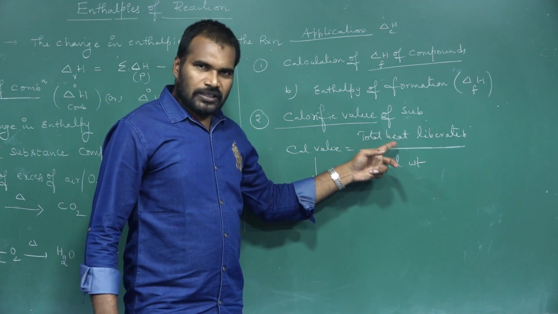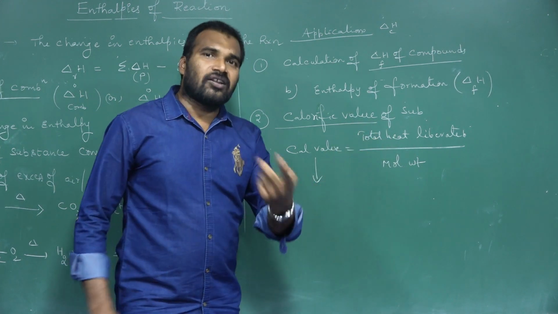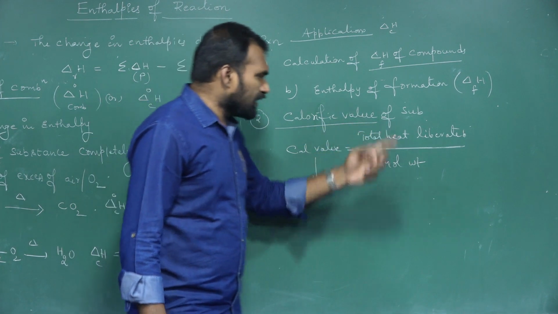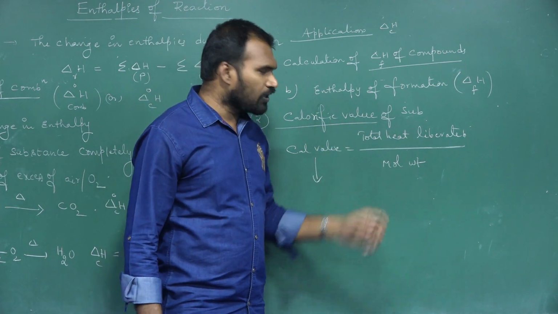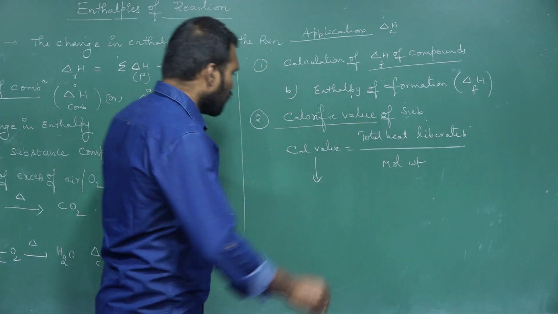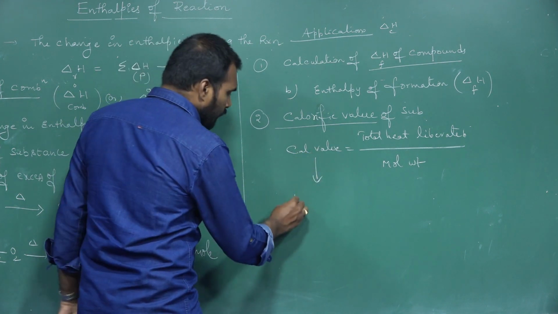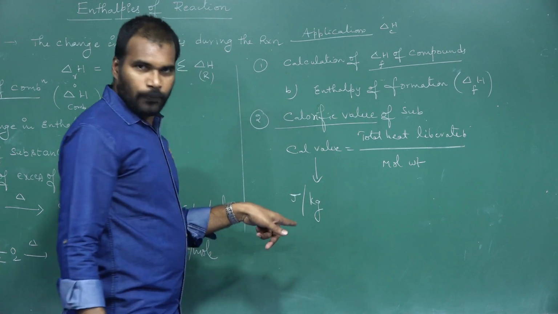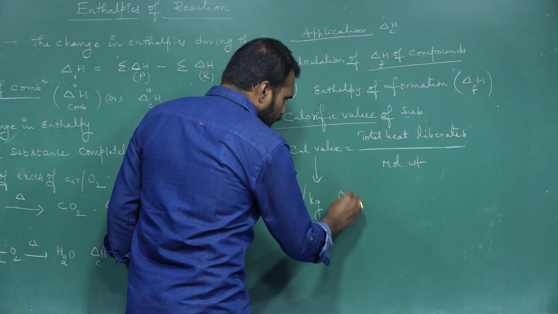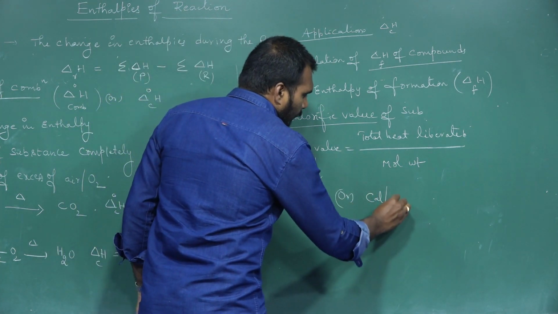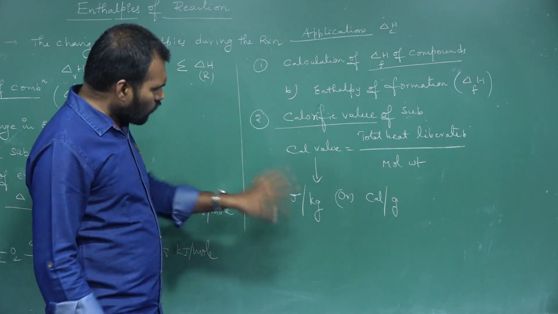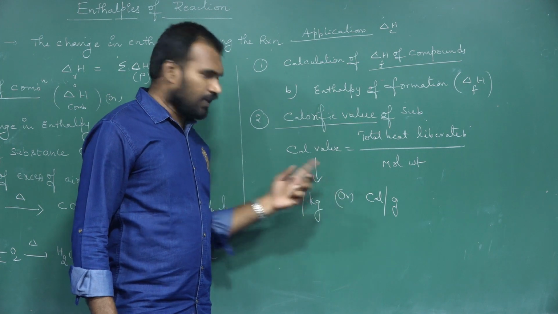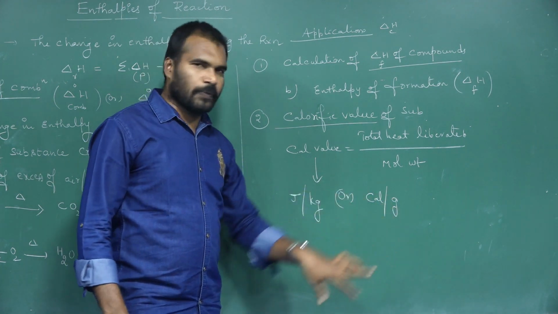Generally, for the units of calorific value, we can express the heat energy in calories or joules. If we express the heat energy in joules, then the weight we express in kilograms. So the units of calorific value can be joule per kg or calories per gram. Generally we use calories per gram.